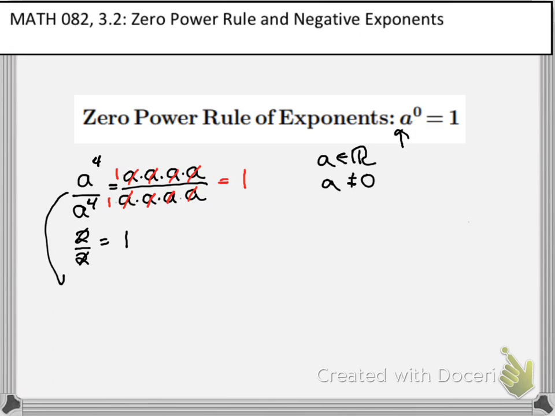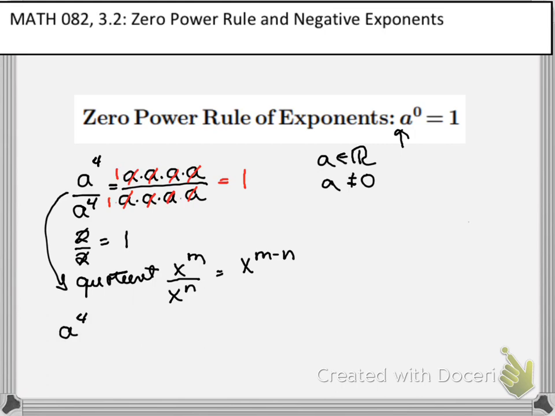Now, we can also think about this in terms of the quotient rule, which we learned in the last section. The quotient rule says that if I have some number like this over some number like that, what I can do is subtract those exponents. So let's apply that here.